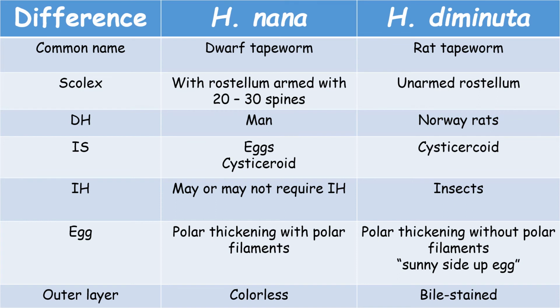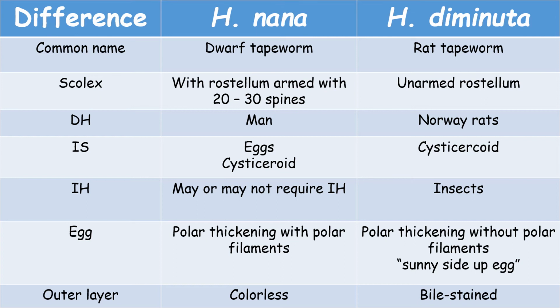So the difference of the two: the scolex, and the definitive host for H. nana is humans, for H. diminuta, rats. Infective stage, of course, eggs and cysticercoid for H. nana because it has direct and indirect life cycles. For H. diminuta, only cysticercoid. No direct life cycle.